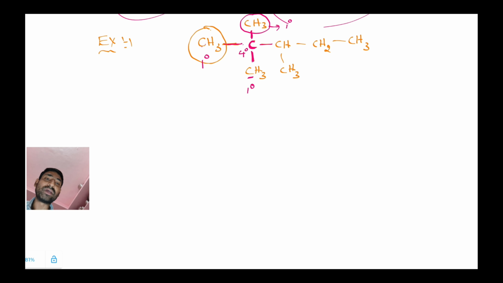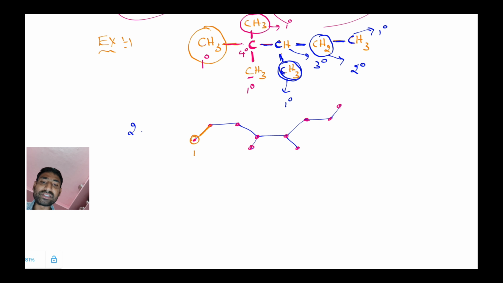Now take example 2. If you take an example like this, here is a carbon. Now if you see this carbon, this is linked with only one carbon atom. Now this is primary. Now I have to take this carbon. It is linked with one carbon this side, one carbon this side, so this is secondary carbon. Now if you see this carbon, it is linked with 1, 2 carbons, so it is secondary.